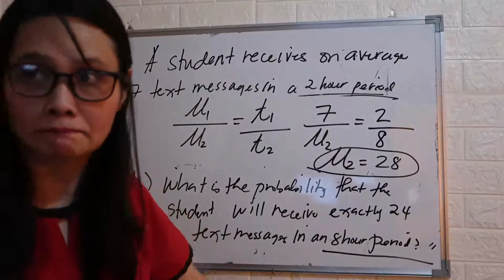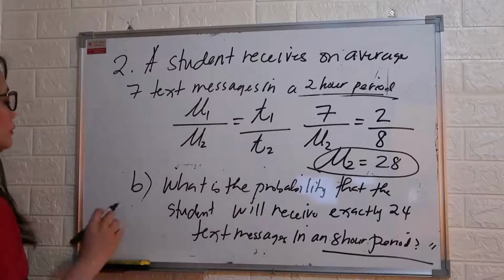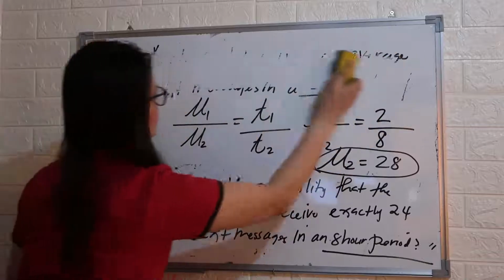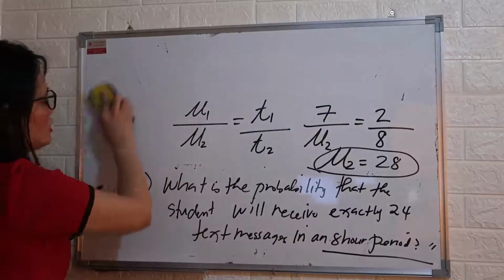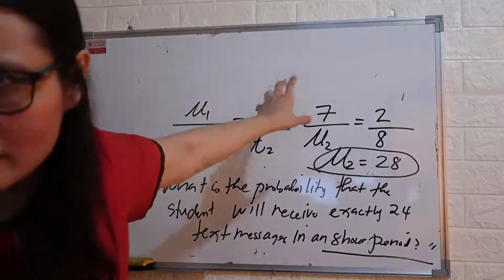Okay. So let's proceed now. Your new mean is 28. And then this one is similar with the proportion.